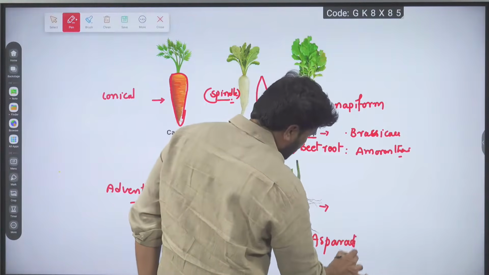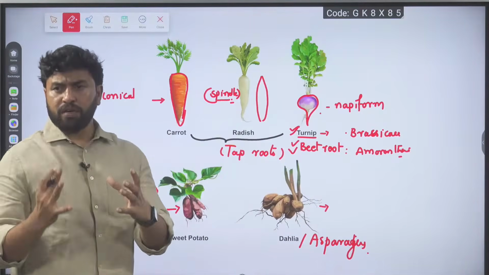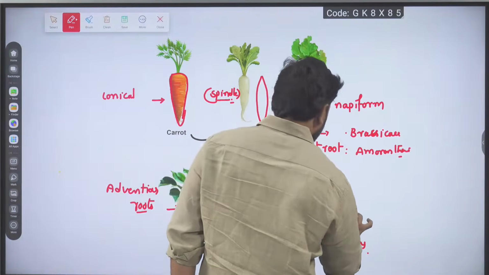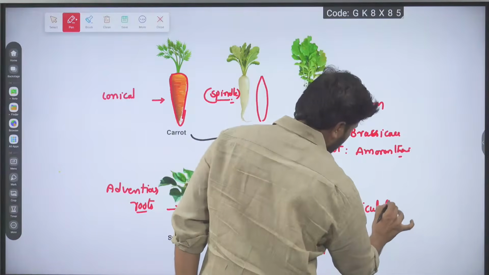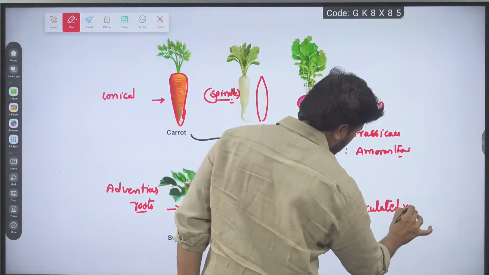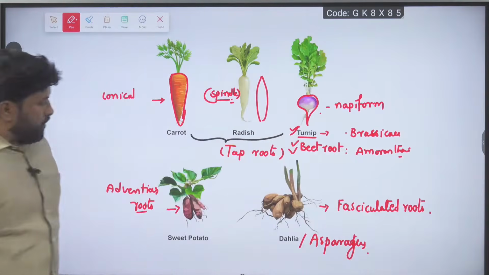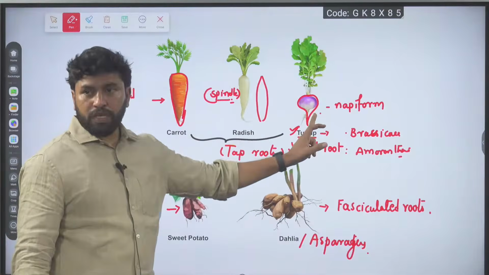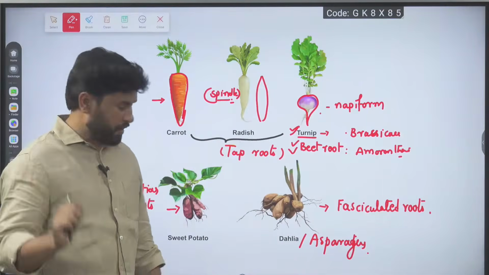Asparagus. At the bottom of the plant, there are some bunches of roots which are storing food, which we call fasciculated roots. Fasciculated roots. Anyhow, these are all storing food in their roots. See, these are all tap roots which are storing food. These are only three examples I have given.